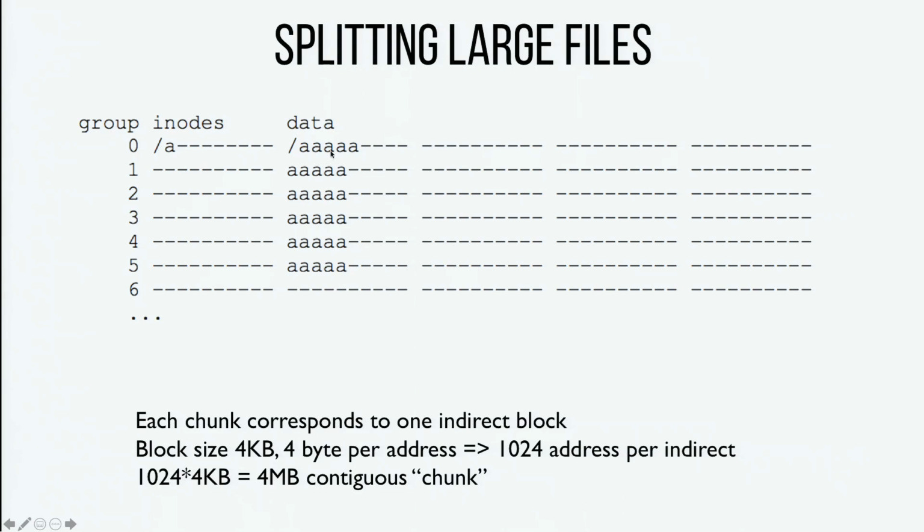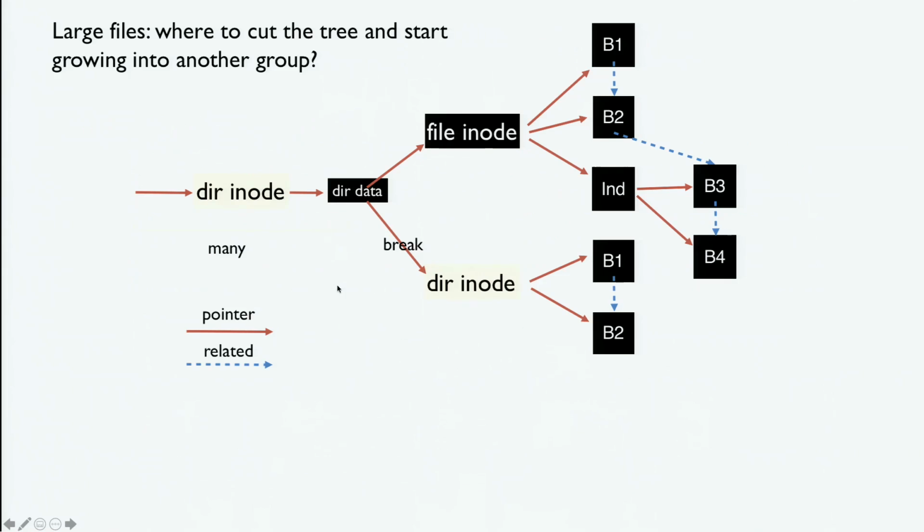So then the question is, what is a large file? When should you start to switch? The nice intuition is that it's kind of like when you start to use an indirect block, that's when it's a good time to switch. You're already having to do some extra work. You're going to see a little hiccup in performance anyways when you're accessing an indirect block, because at that point you had to follow those pointers and do an extra disk read.